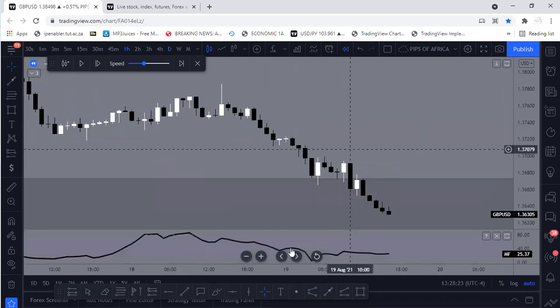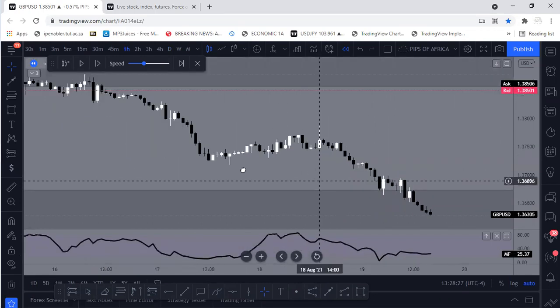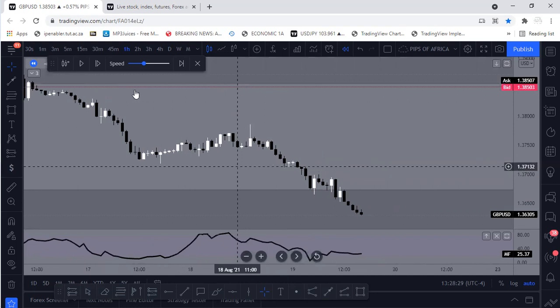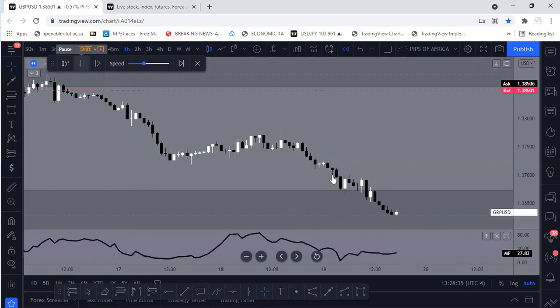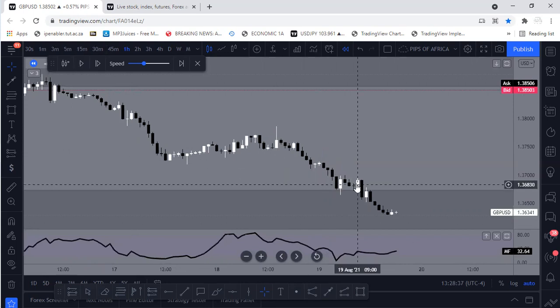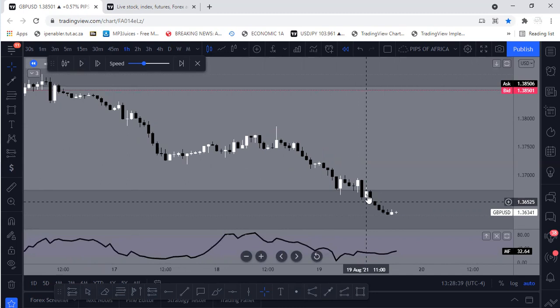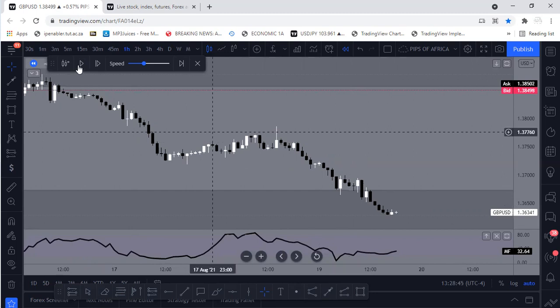You see here what is happening? Let's wait and see. All right, we see these other blocks, this one and this one. I want to see them being broken, these two. So let's wait and see.